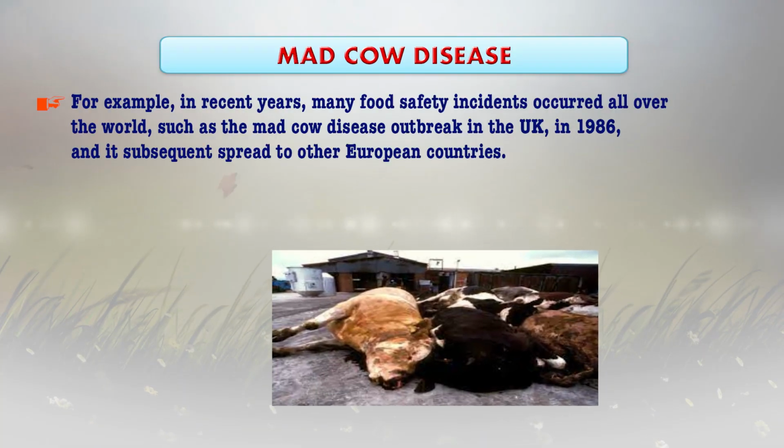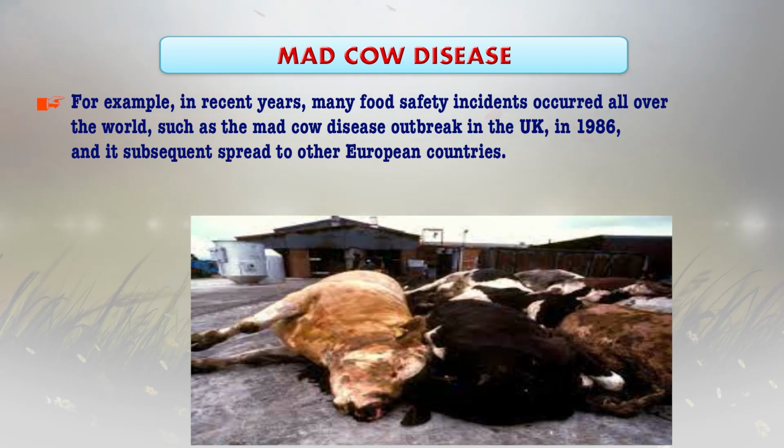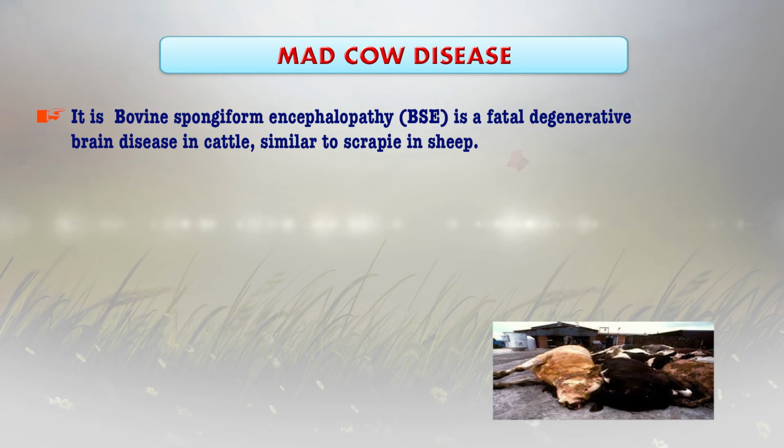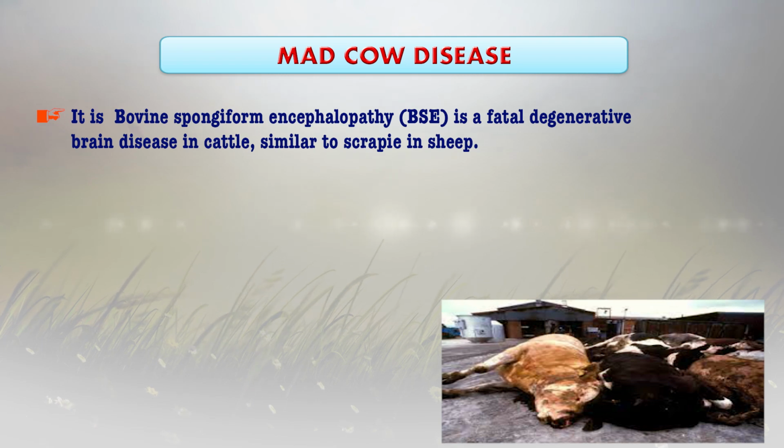The very first one, for example: in recent years many food safety incidents have occurred all over the world, like the mad cow disease outbreak, especially in the United Kingdom in 1986. Of course, once the disease outbreak happened, it subsequently spread to other European countries as well. Bovine spongiform encephalopathy, that is BSE, is a fatal degenerative brain disease in cattle, and it is also similar to scrapie in sheep.